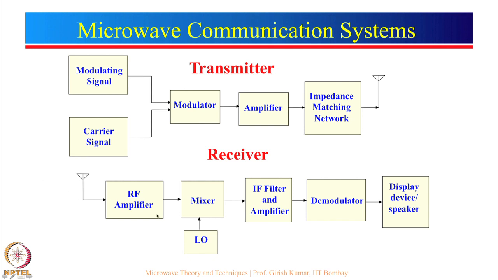So, this signal which has been amplified comes to a mixer and there is a local oscillator. So, that local oscillator and the RF amplifier, two frequencies mix up, and the mixer has a property that it actually generates sum and difference of these two frequencies. Now, of course, in majority of the receivers it is only the difference of these two frequencies which is considered.